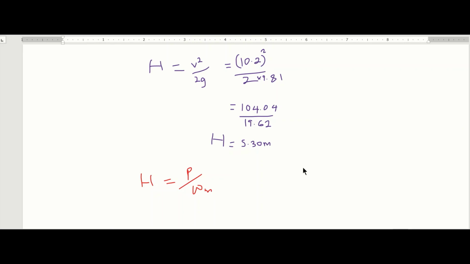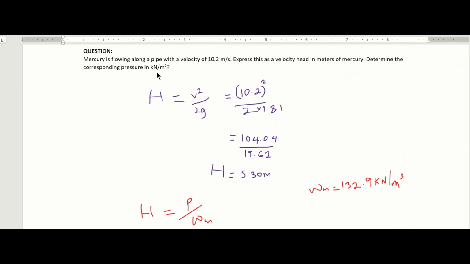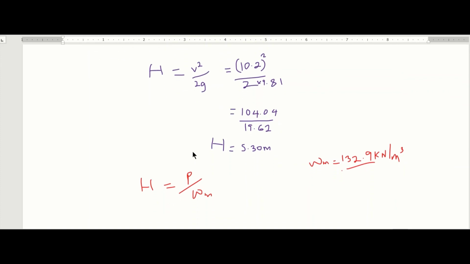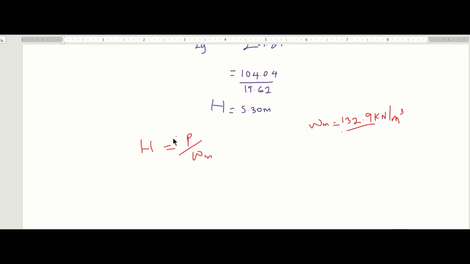And please note that the weight of mercury is equal to 132.9 kilonewton per meters cube. I don't have to convert these to Newton per meters cube because we're asked to leave our answer in kilonewton per meter squared. So I can leave my weight of mercury in this form, so as to have my answer in kilonewton per meter squared. So therefore I can find my pressure by doing a transpose.